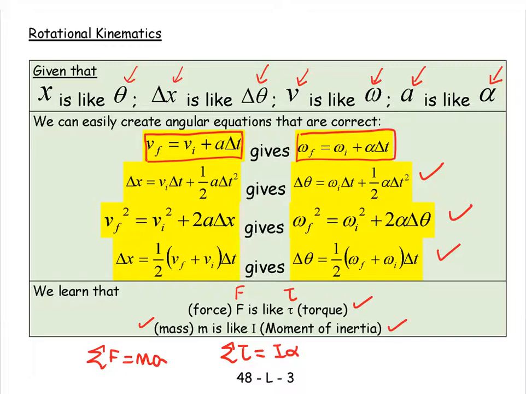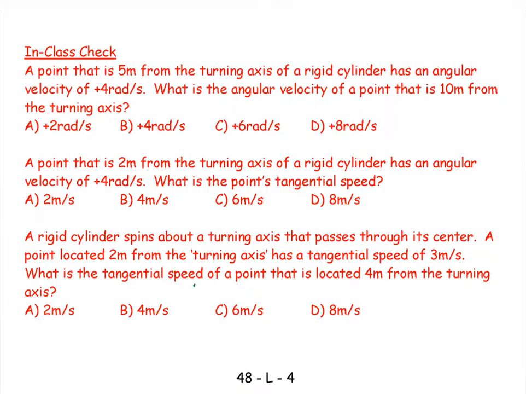We can say kinetic energy is equal to 1/2 mv squared. Well, I can also say kinetic energy rotational equals 1/2 I omega squared. All this physics we've done, we can revisit in angular terms. It is really quite remarkable. Let's look at this next slide.